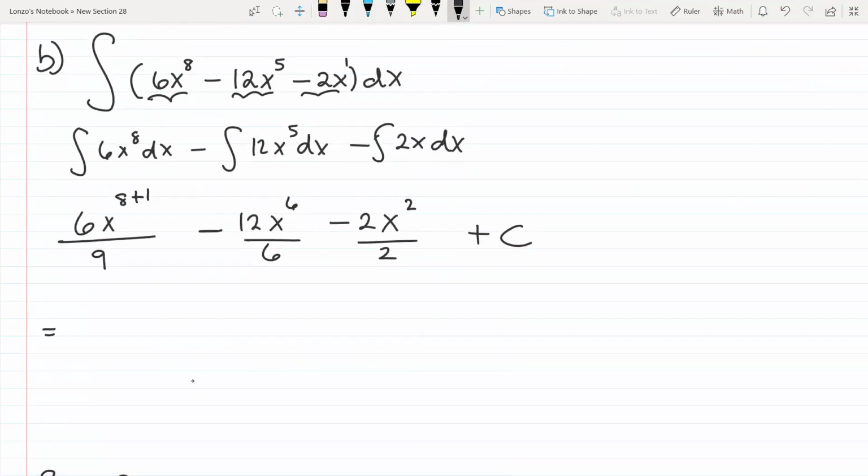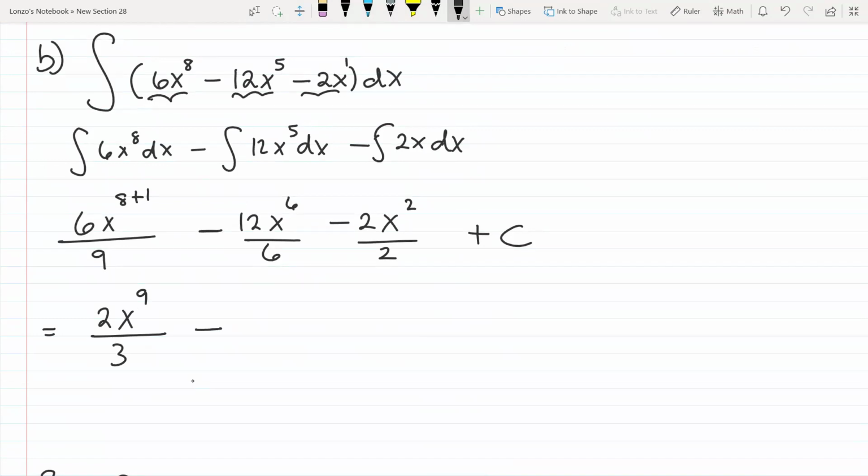Now let's clean it up. 6/9 can be reduced by 3, so that would be 3x to the 9. Wait, 6 divided by 3 is not 3, it's 2. Because we're reducing by 3, right? 6 divided by 3 is 2. 9 divided by 3 is 3.